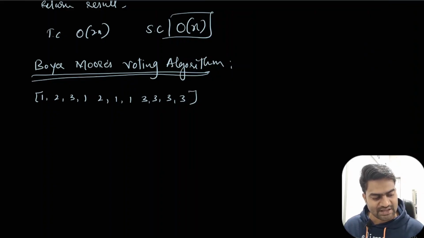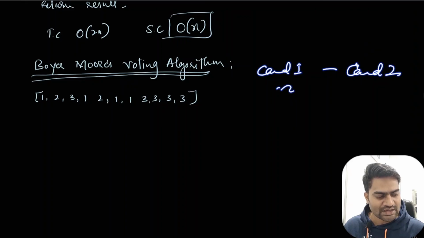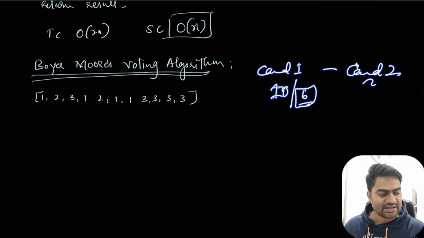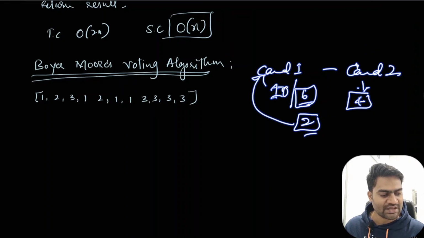Say for example, there is candidate 1 and there is candidate 2. If candidate 1 gets, out of 10, 6 votes, then candidate 2 will get 4 votes, correct? What is the relative difference? Candidate 1 will be leading with 2 votes.